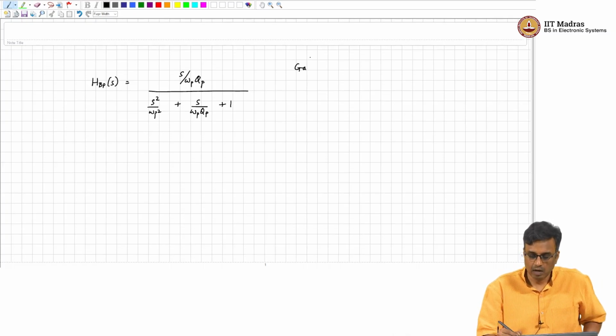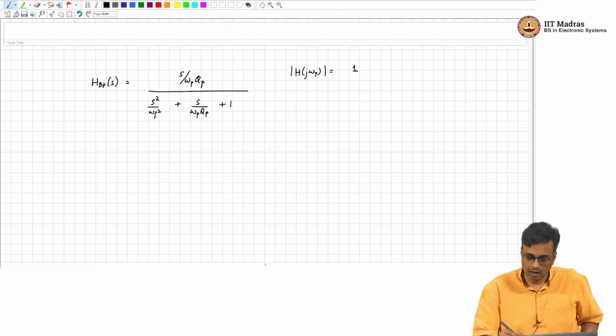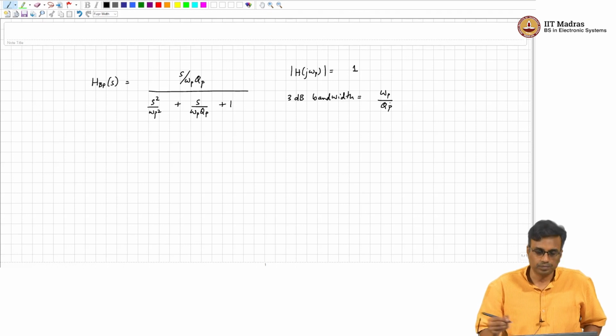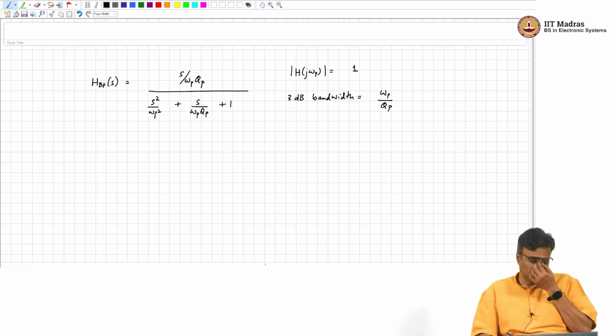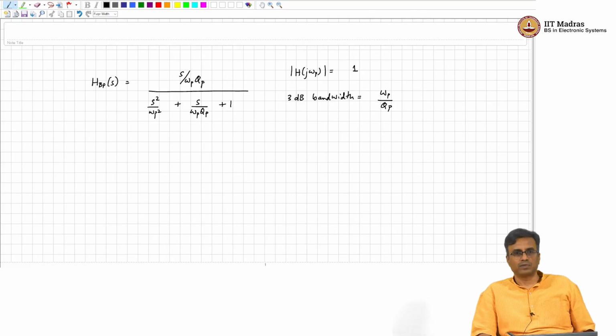The gain, or mod H of j omega p, which is the magnitude response at omega p, is 1, and the 3 dB bandwidth turns out to be omega p over Q.